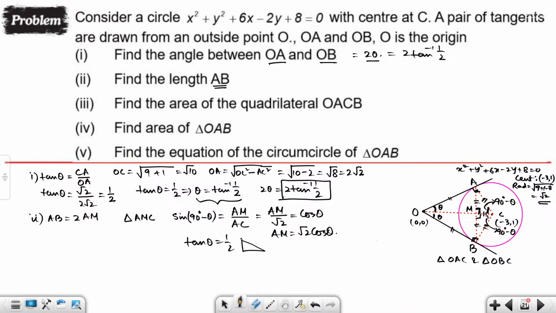So if I draw a right angle triangle, this is 1, this is 2, so this is root 5 actually. So what will be your cos theta? It's 2 by root 5. Isn't it so? So what is AM? AM is root 2 into 2 over root 5. Please check it.